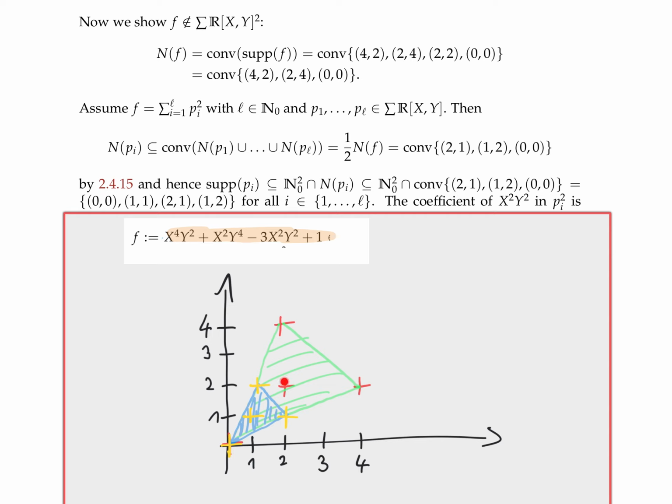And let's look at the coefficient of x squared y squared in p_i squared. That must be a sum of 2 of these yellow points, of course.